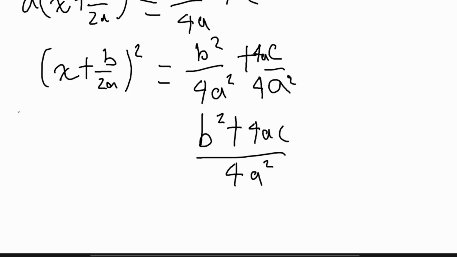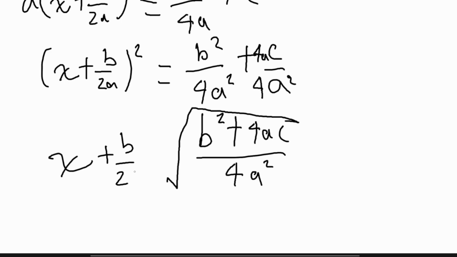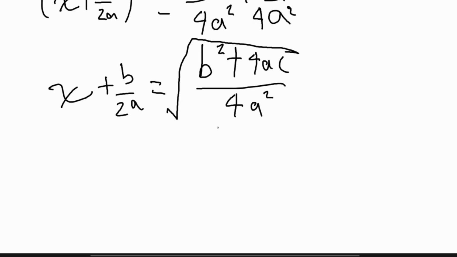Perfect. And then we'll square root both sides so that x plus b over 2a is equal to this expression over here. Now the next thing we'll do is we'll clean this up a little bit, and then we will be left with a final expression.